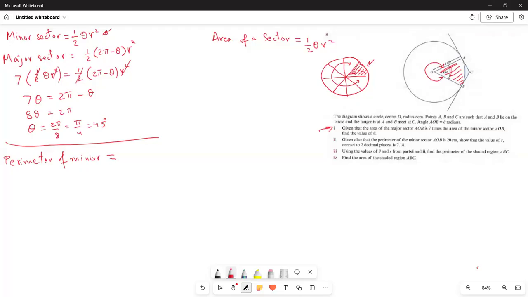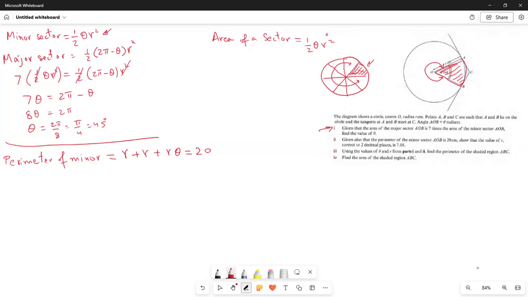You can see it has 3 sections. One is a straight line, one is a straight line, and the other one is this curved line, right? So it is r plus r plus r theta, and this whole thing is given as 20 centimeters. So we have to solve this equation and find the value of r.